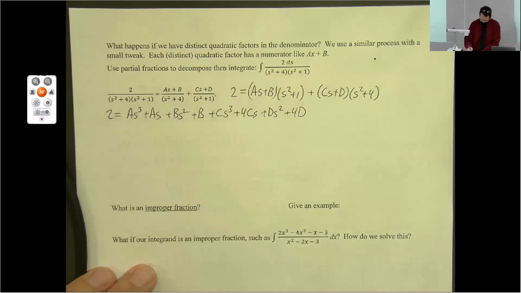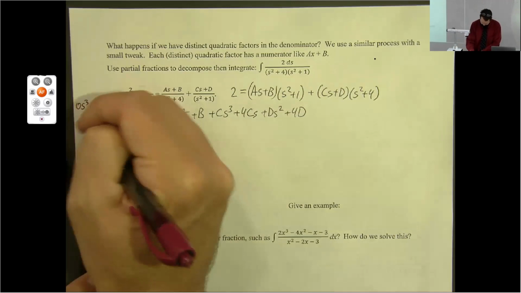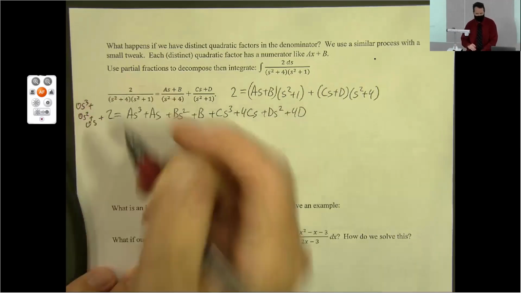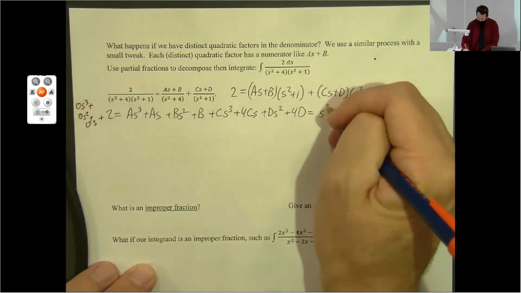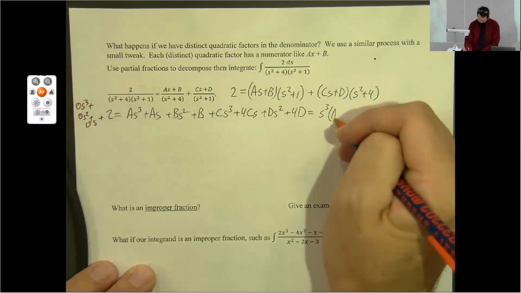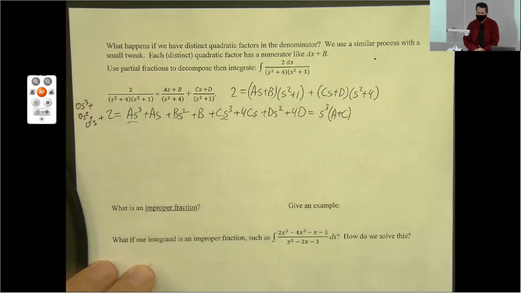Now 2 is really 0s cubed plus 0s squared plus 0s plus 2, isn't it? So let's go ahead and group on the s's. So who's the coefficient of s cubed? A, C. What I do is I underline them so I don't accidentally forget somebody.